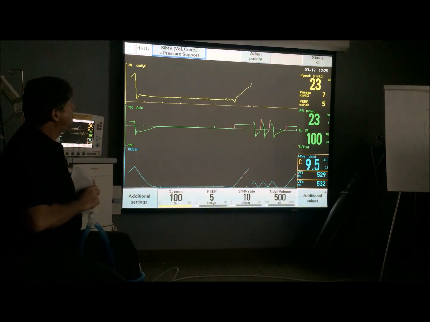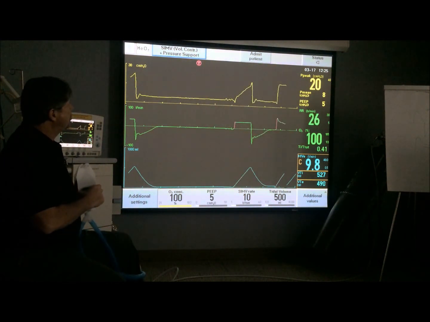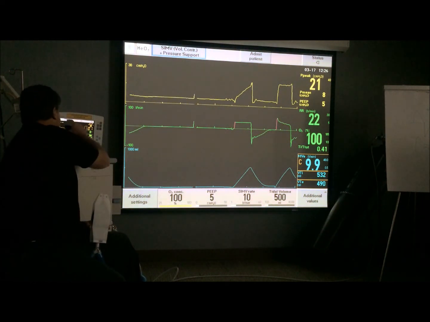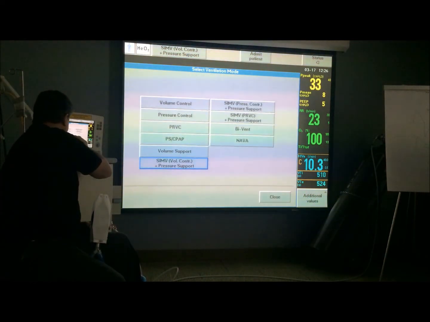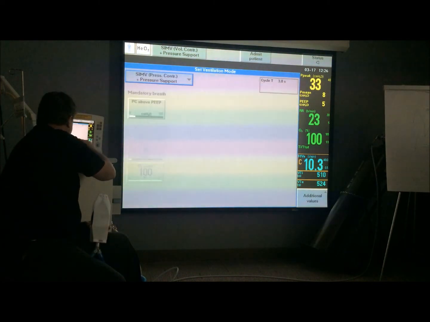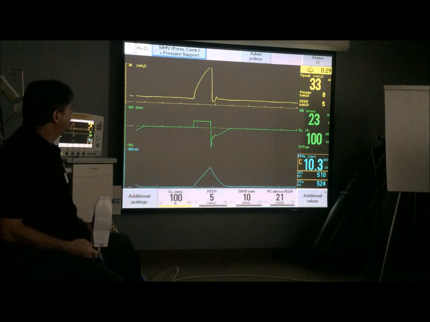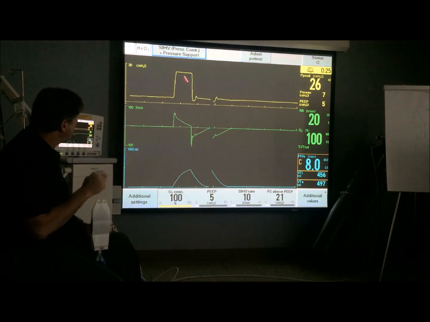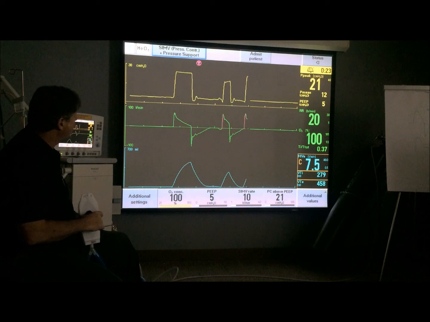So using those mixed modes of SIMV, it's just a matter of what we're mixing it with. Here in SIMV pressure control with pressure support, you'll notice that the waveforms are the same between the mandatory breath and the support breath.